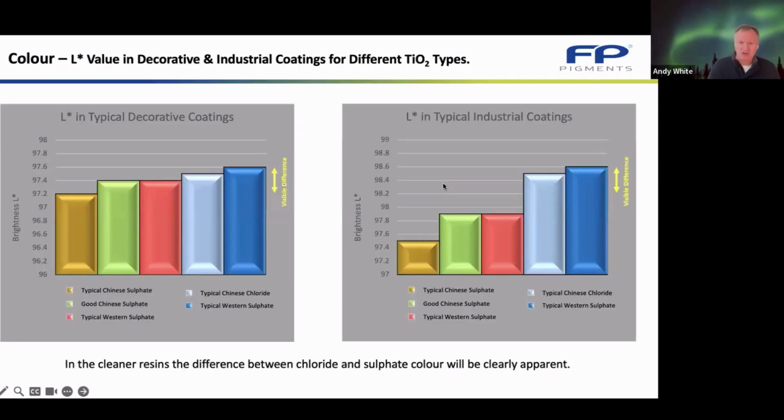Whereas in an industrial coating, when you have a very clear resin, an acrylic melamine, something like that, you see the difference with the same pigments is actually more like 1.5 units of L. Okay, and that's why the chloride process pigments tend to be used in these sorts of higher end applications, and why the sulfate process pigments tend to be used everywhere else, because you almost can't tell the difference there, and the sulfate pigments are generally much cheaper, as I'm sure you're aware.